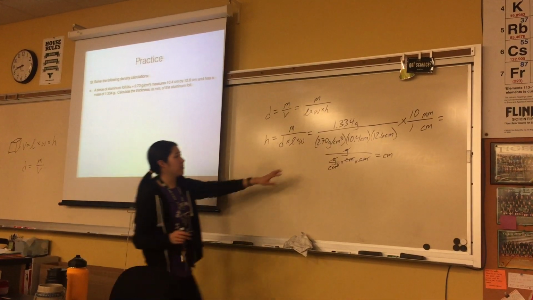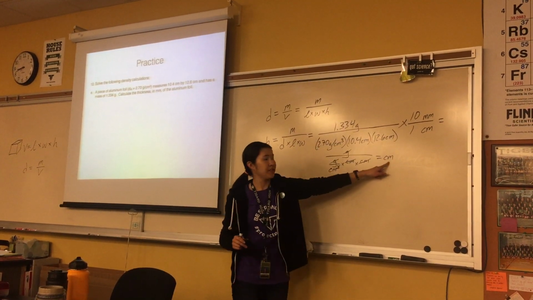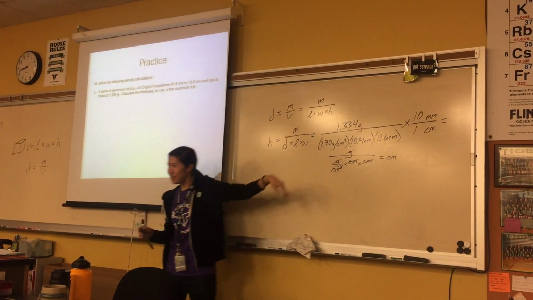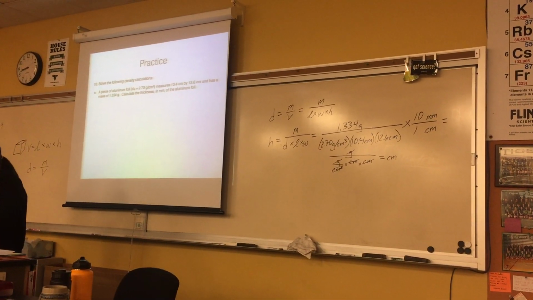No, because we talked about when these units all go, we get centimeters on top. Because centimeters ends up in the denominator of the denominator. Ends up being on the top of that.